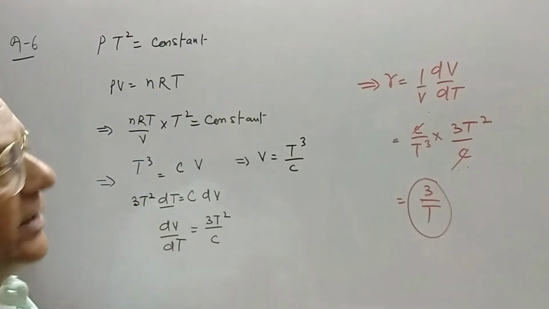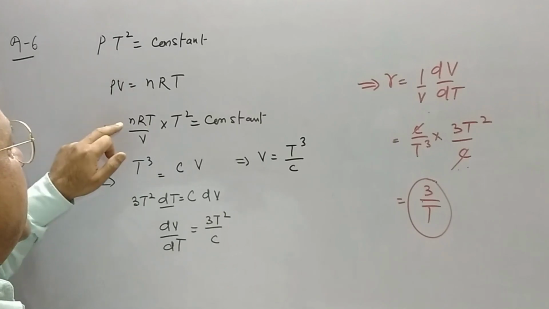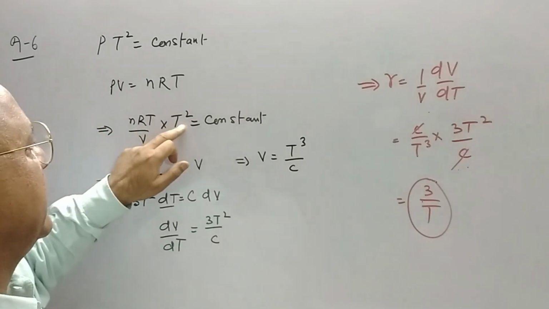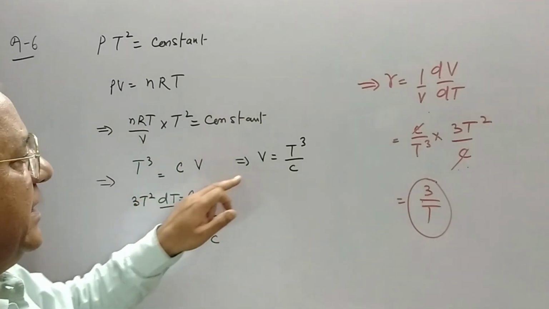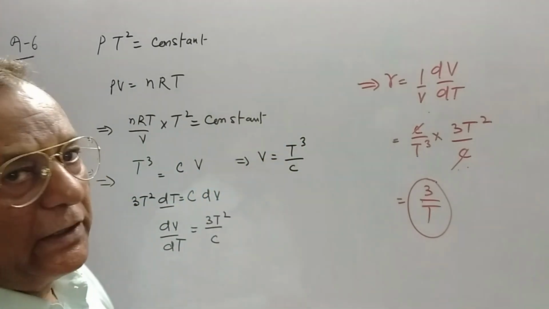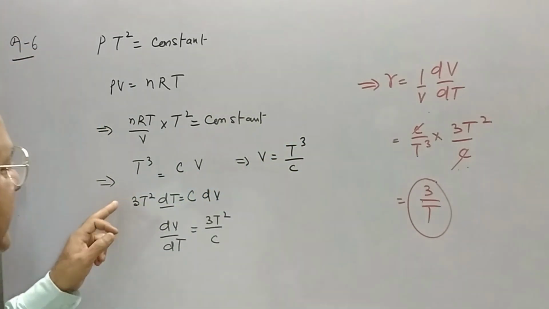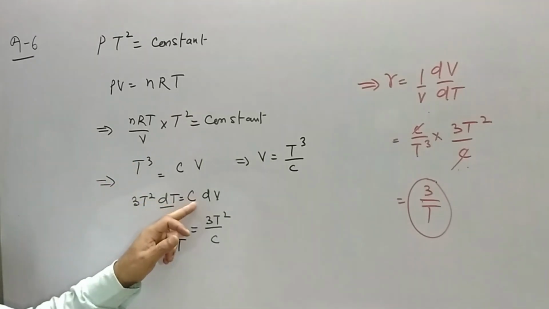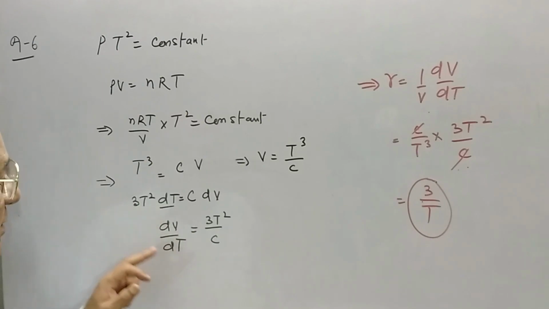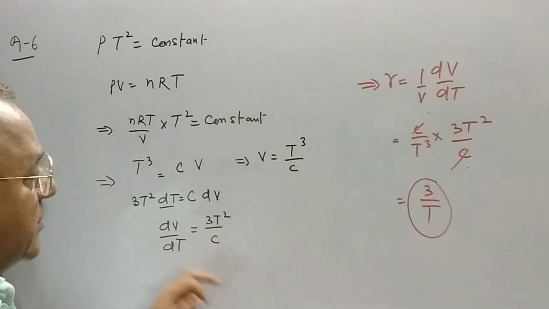Use PV is equal to nRT. So instead of P, if you use nRT by V, T cube is equal to CV. It implies V is equal to T cube by C. Differentiate with respect to T, you will get 3T square dT is equal to C dV. dV by dT is equal to 3T square by C.